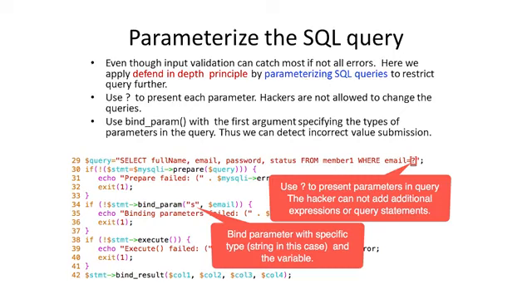We then use the bind underscore parameter function to bind the parameter with a very specific type, either string or number, and the actual variable. We can double check whether the variable contains a value that is exactly the same type.